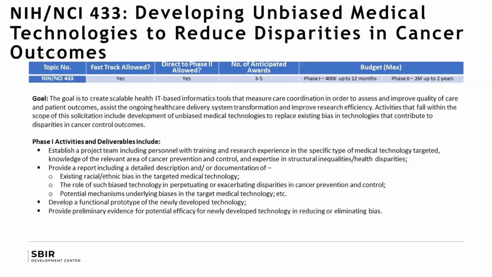The goal here is to create scalable health IT-based informatic tools that measure patient care coordination in order to assess and improve quality of patient care and patient outcomes, to assist the ongoing healthcare delivery system transformation and improve research efficiency.